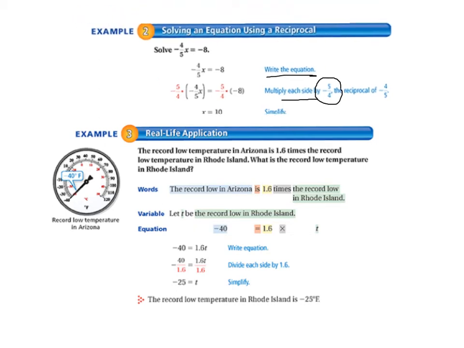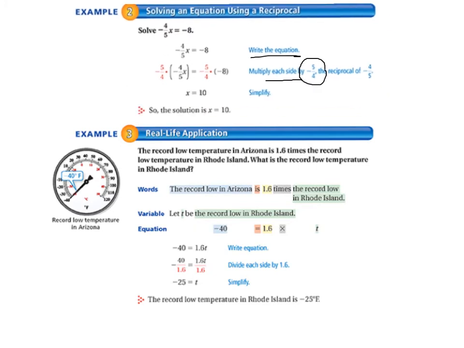And we do that because when we divide fractions, we always multiply by the reciprocal. That's how we divide fractions. So be careful when you see that you have to divide by a fraction. Always remember that you have to multiply by the reciprocal.